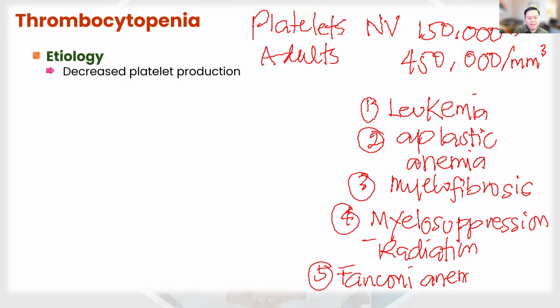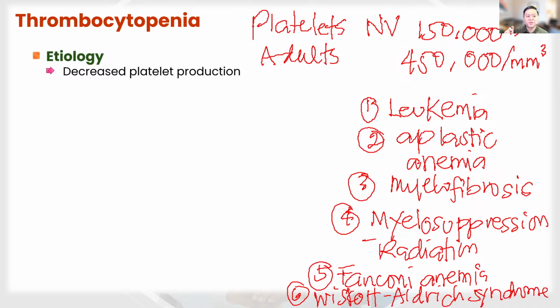And then we also have the Wiskott-Aldrich syndrome, which can lead to a low platelet count. That is letter K, Wiskott-Aldrich syndrome. And so these are the known causes in the decreased production of the platelet.